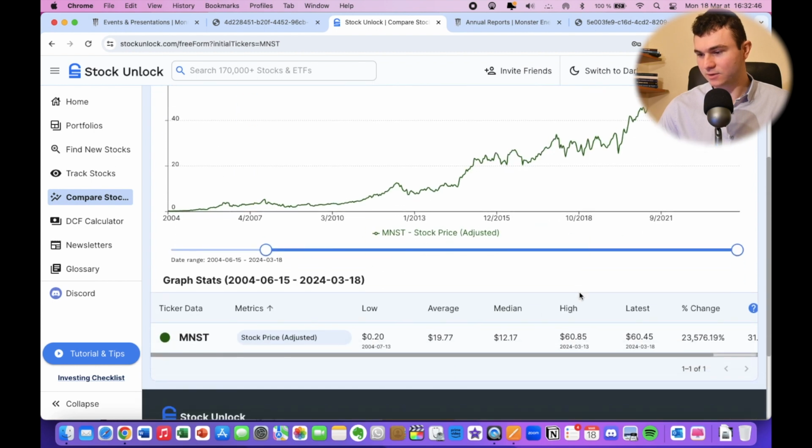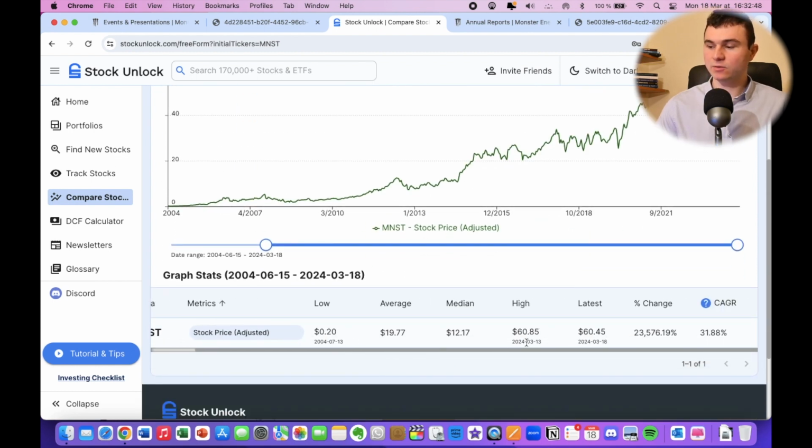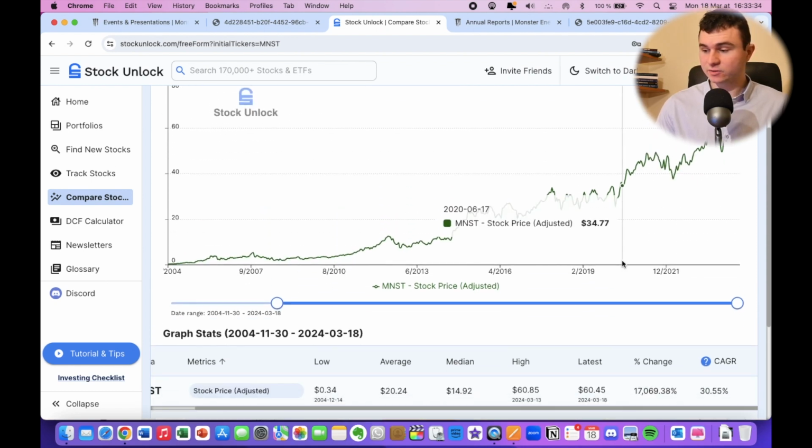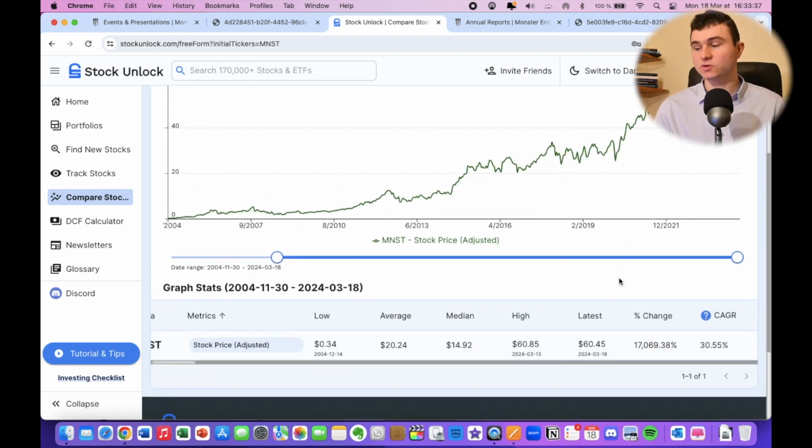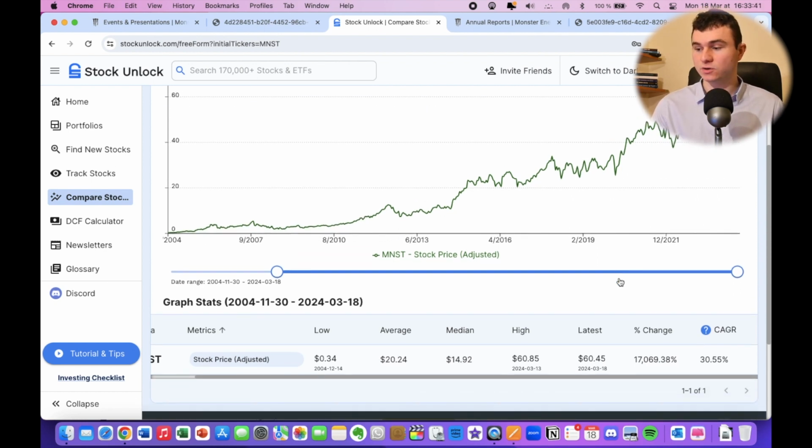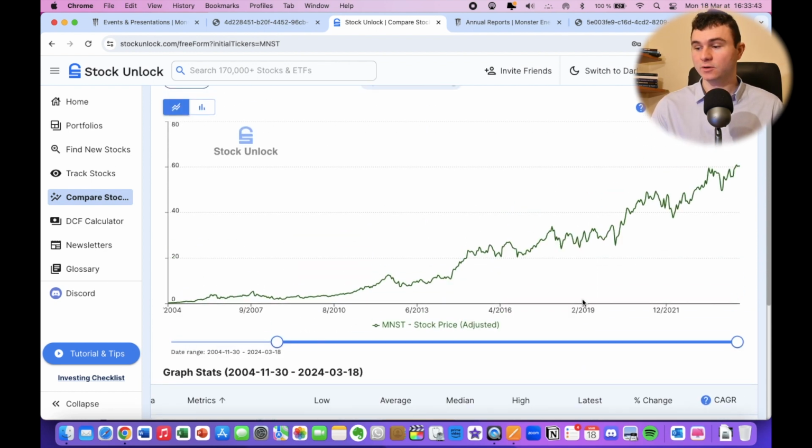This is beautiful. The compounded annual growth rate of the stock price has been 32%. And this is very, very good. If you had invested in Monster Beverage 20 years ago, you would have a 30% annual return for 20 years.